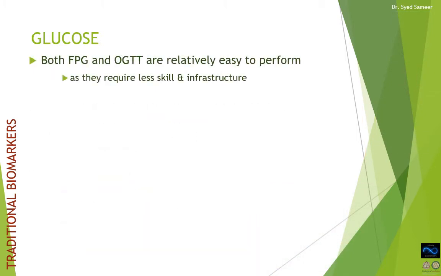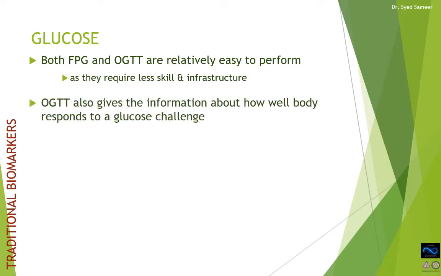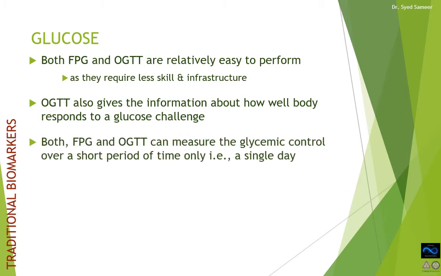Both FPG and OGTT are relatively easy to perform because they require less skill and infrastructure. OGTT also gives us information about how well the body responds to the challenge of 75 grams of glucose, hence the tolerance test.